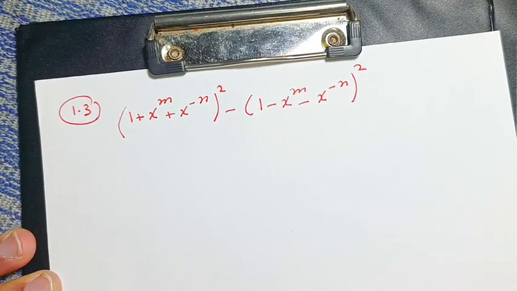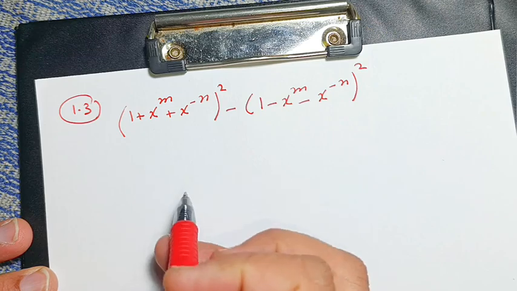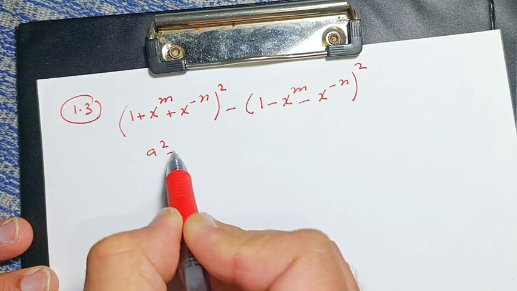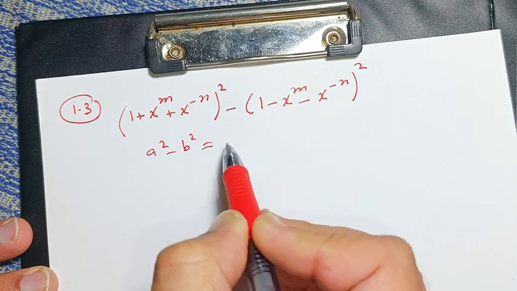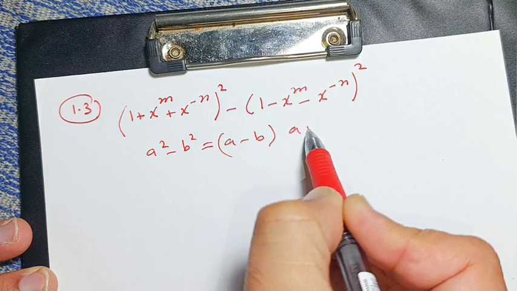So we can use here the difference of squares. Remember, a square minus b square is always equal to a minus b multiplied by a plus b.